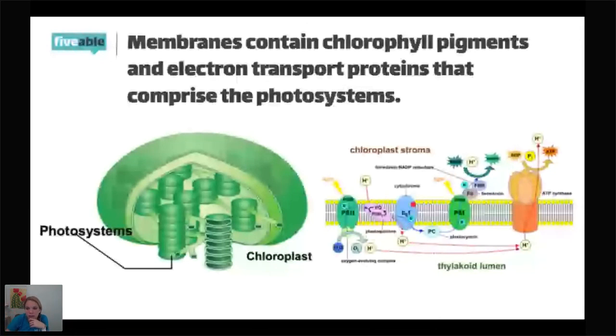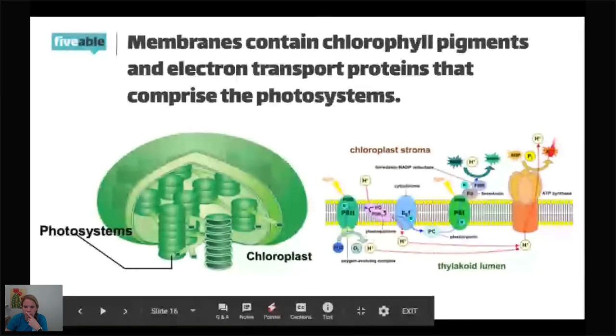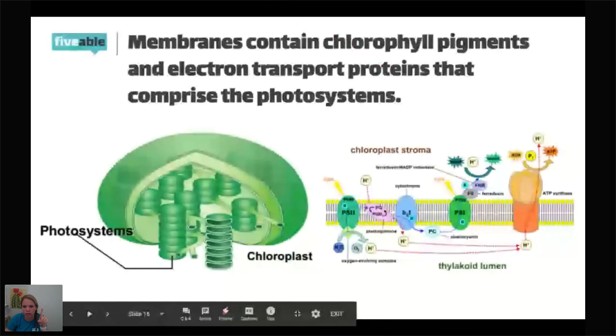And then look over here. What is it creating at the end of that big electron transport chain? What are we creating here at the end in orange? What did we create there? On the very right, what did we make? What's this thing? 3, 2, 1.